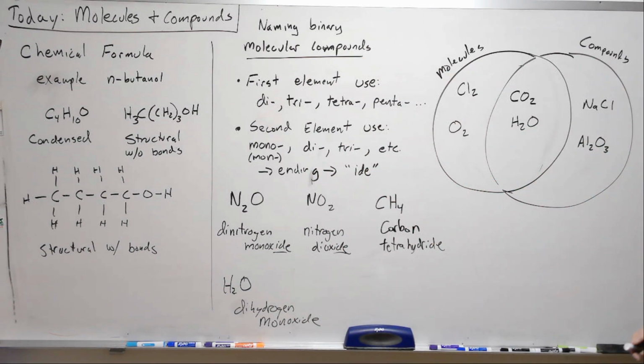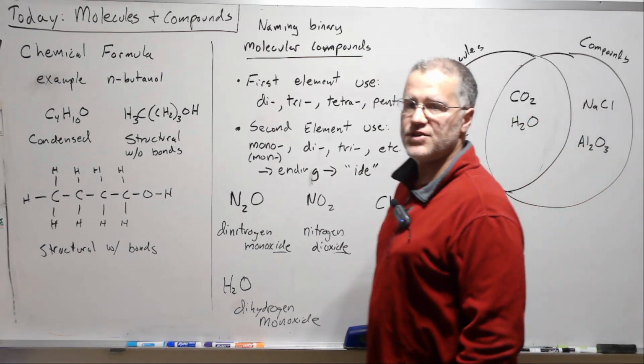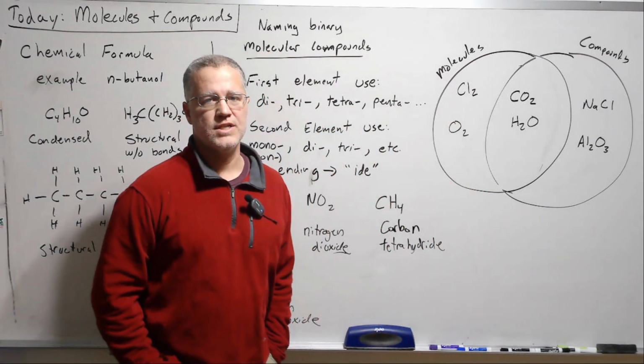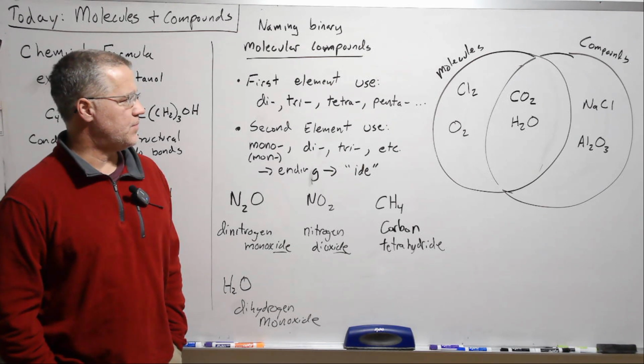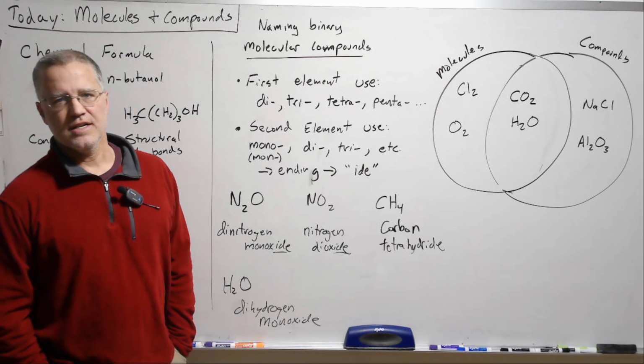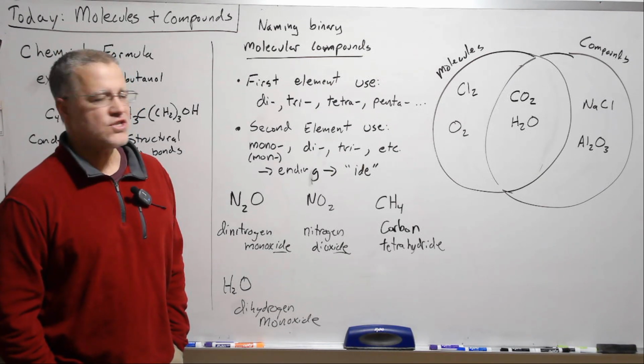So what about these ionic compounds? There's a different naming scheme for those, and in fact it's slightly easier, but it does also bring in some additional stuff as well.